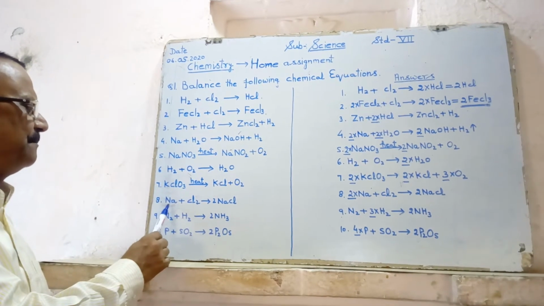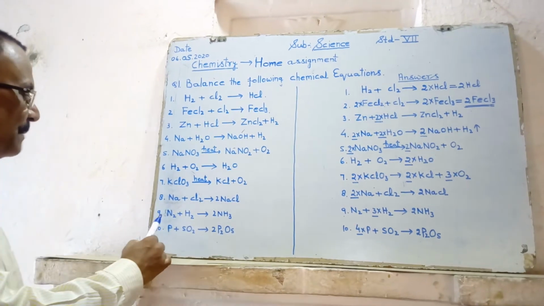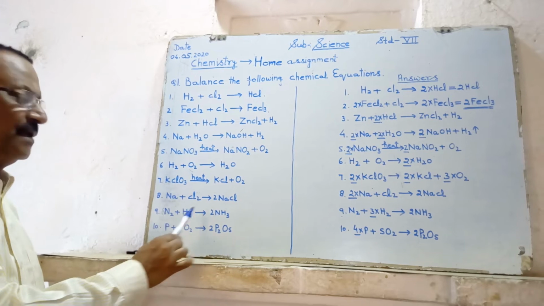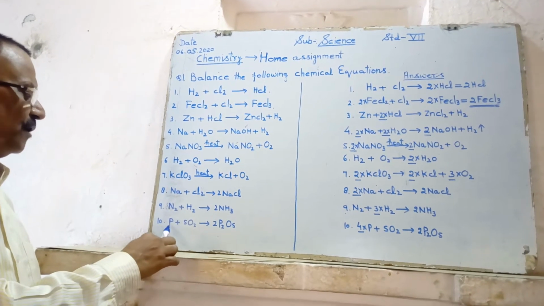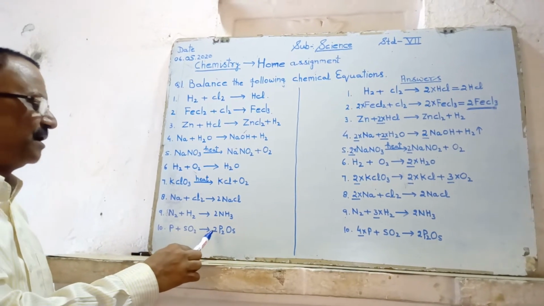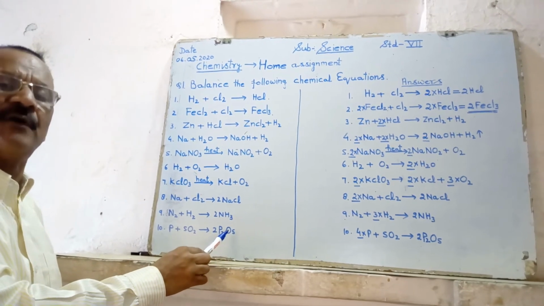Number 8: sodium plus Cl2 gives sodium chloride. Number 9: nitrogen plus hydrogen gives ammonia, NH3. Number 10: phosphorus, P plus O2, gives phosphorus pentoxide, P2O5.